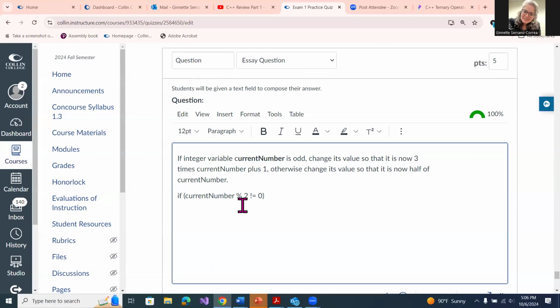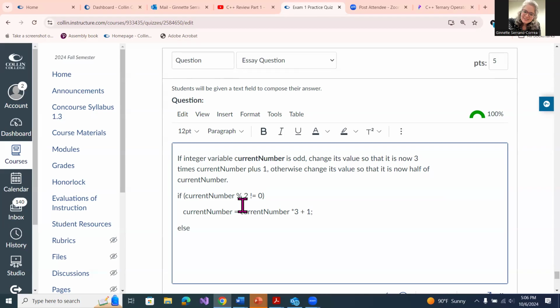So if the integer variable current number is odd, change its value so that it is now 3 times current number plus 1.